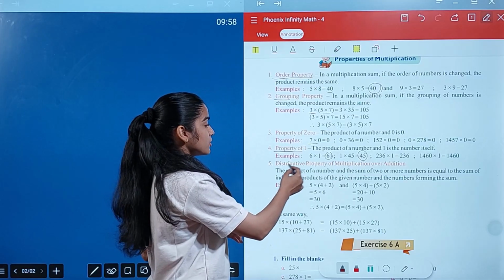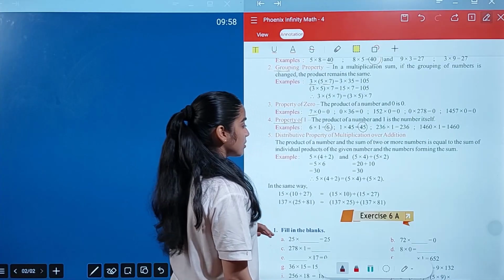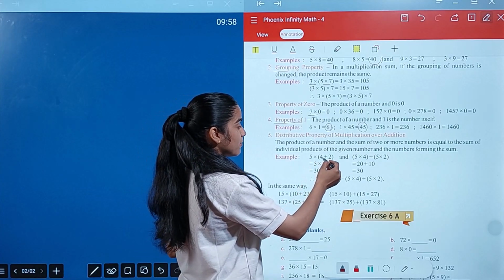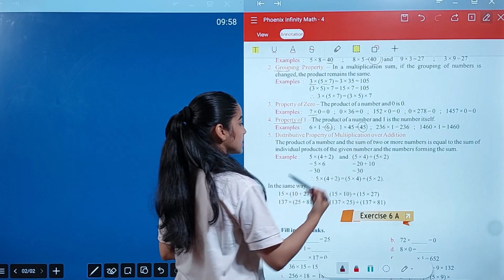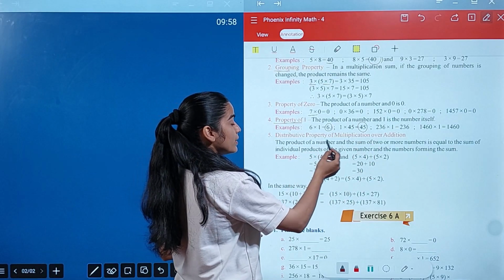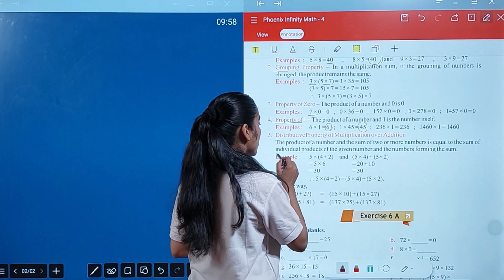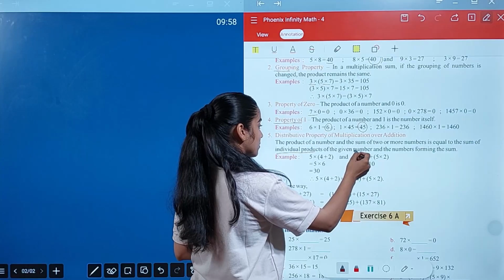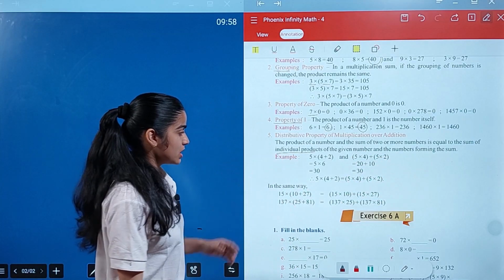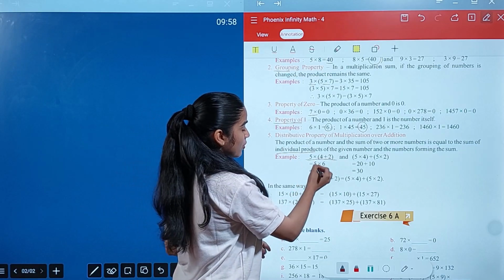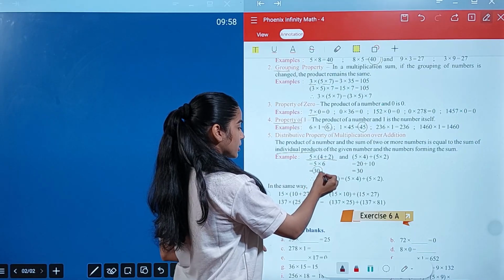Next, we have the distributive property of multiplication over addition, which means if we have, for example, 5 multiplied by 4 plus 2, and 5 multiplied by 4, 5 multiplied by 2. What you observe is that the product of a number and the sum of two or more numbers is equal to the sum of the individual products of the given number and the numbers forming the sum. So 4 plus 2 is 6, and then you multiply it with 5, so your product is 30.